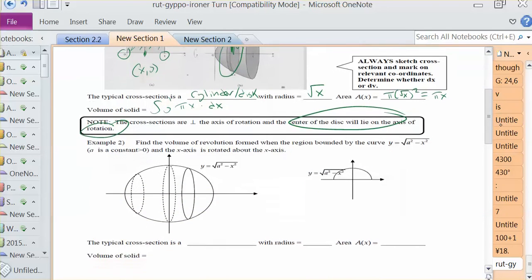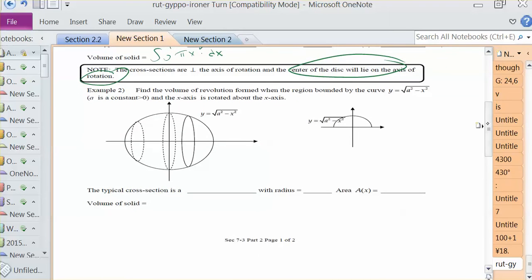Let's take a look at another example, then I'll run a simulation. So say, for example, we have this curve, which I think is going to be semicircular. Yep, that is definitely a semicircle.